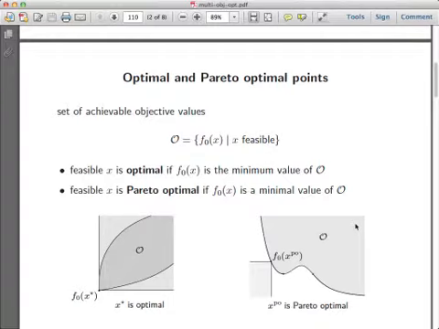So it achieves a better result in both objectives. It is better because it's lower, and it's also better because it's left. So it beats that upper point in both objectives. That's the definition of the Pareto optima.